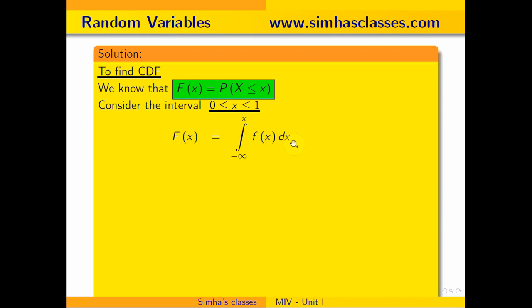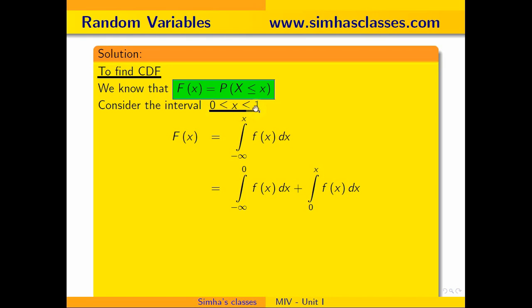But look at the question in this problem. It is split into 3 intervals, and obviously I'm going to write this as the integral from minus infinity to 0 of f of x dx plus the integral from 0 to x of f of x dx. See, this is the important thing for finding cumulative distribution functions: in the interval you choose, you integrate up to x.